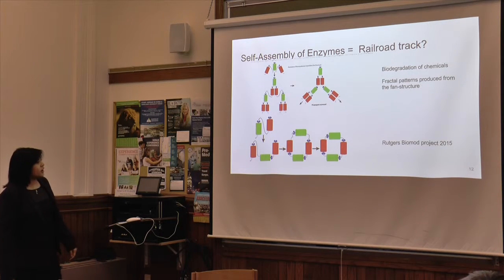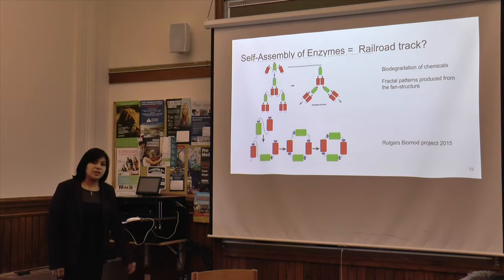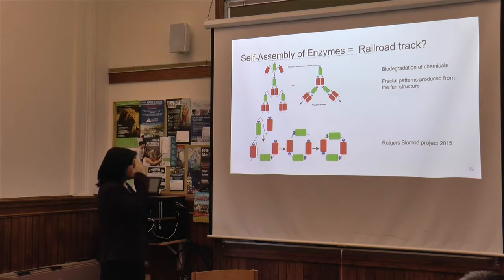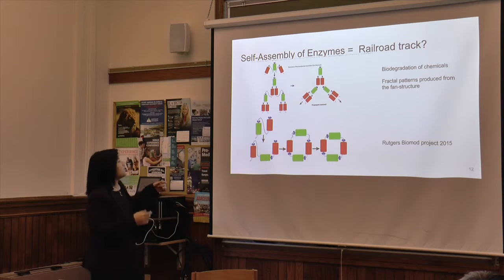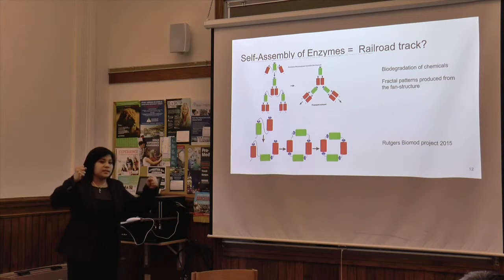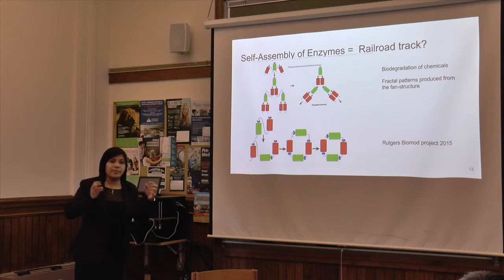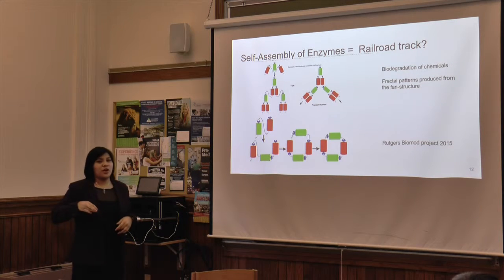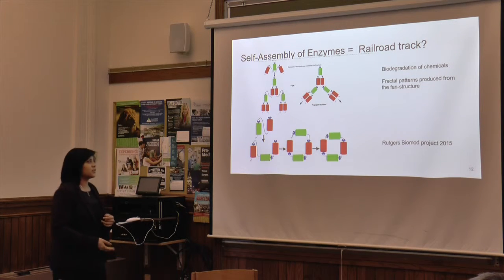And here's another project. This is from the Rutgers Biomod project, one of the student competitions. These are all mostly undergrads and some assistants from graduate students. This is really important because they wanted to see the way that these enzymes link together and are able to form these structures on their own in order to figure out how to biodegrade chemicals.